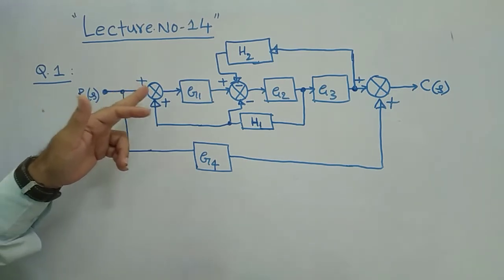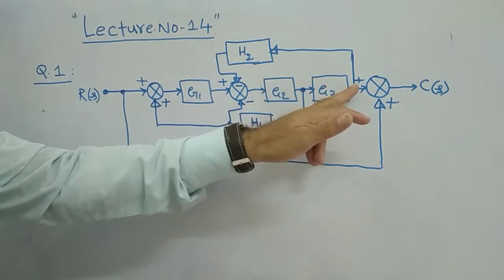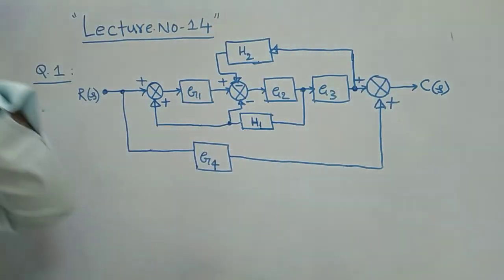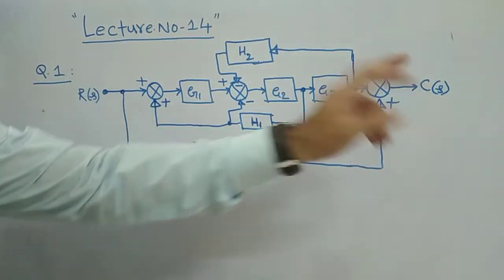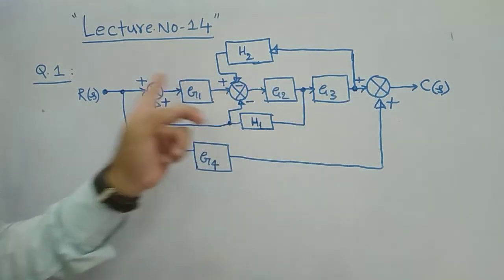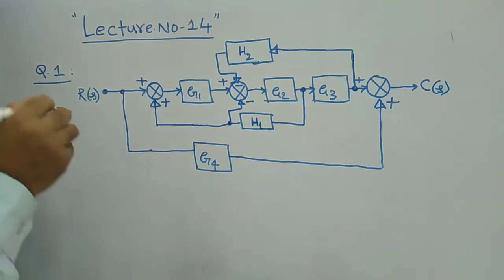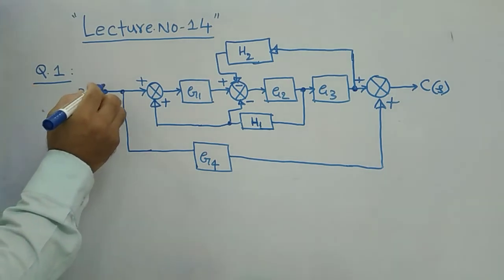This is one takeoff point, this is a summer point, this is another summer point, this is a takeoff point, this is also a takeoff point, this is a summer point, this is the output point. Input, output, all takeoff points and all summing points are denoted by nodes. In order to identify the nodes, it is better to note them down.